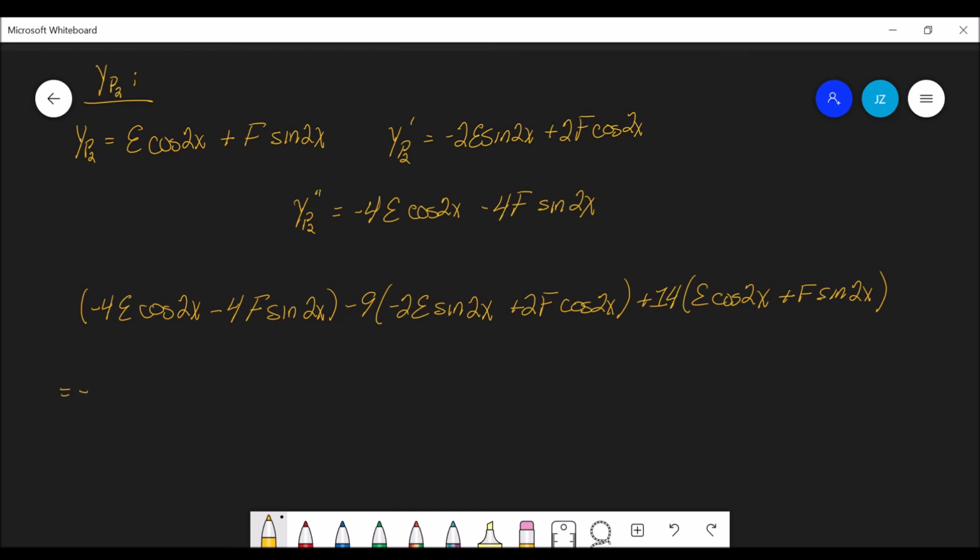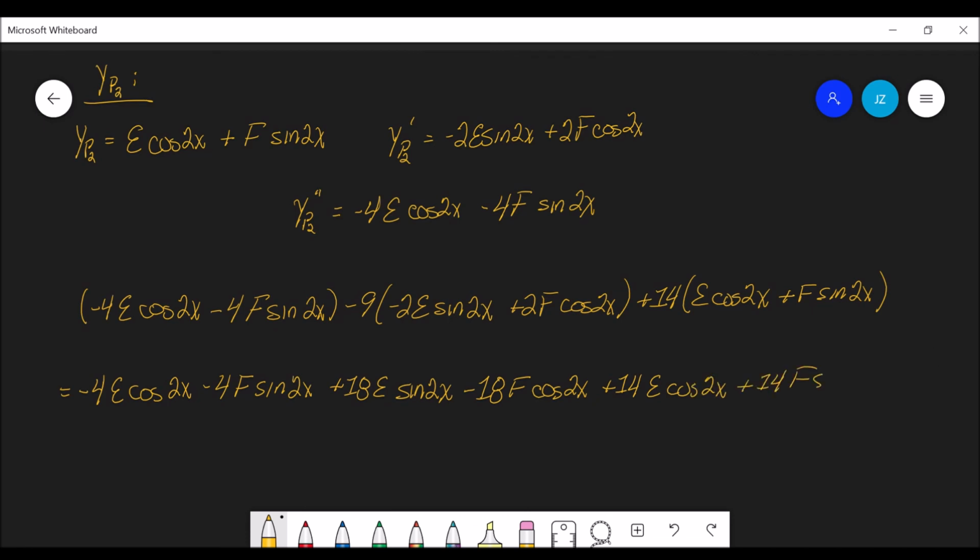Distribute everything through, so we get negative 4e cosine 2x minus 4f sine 2x plus 18e sine 2x minus 18f cosine 2x plus 14e cosine 2x plus 14f sine 2x.